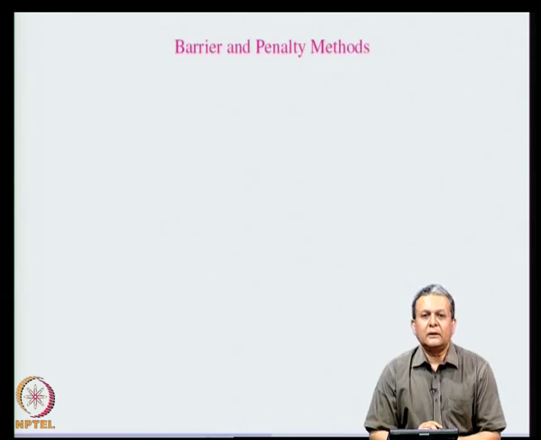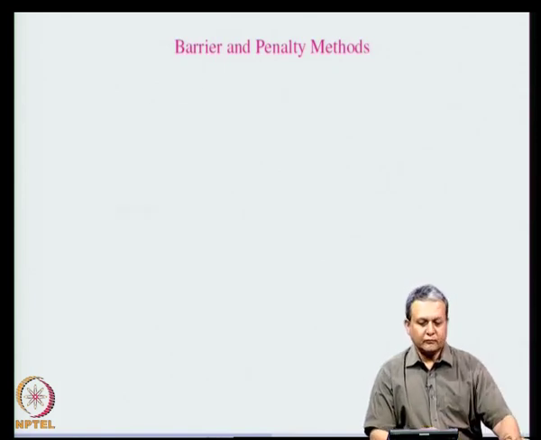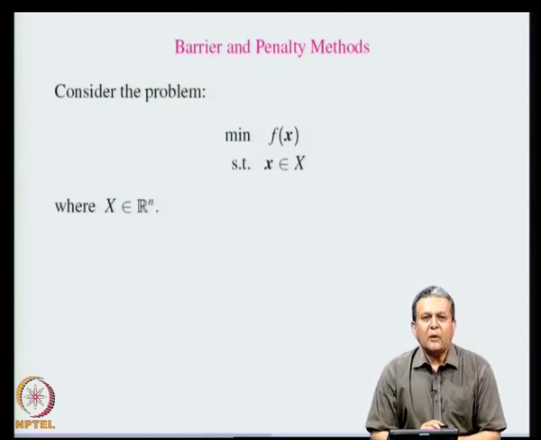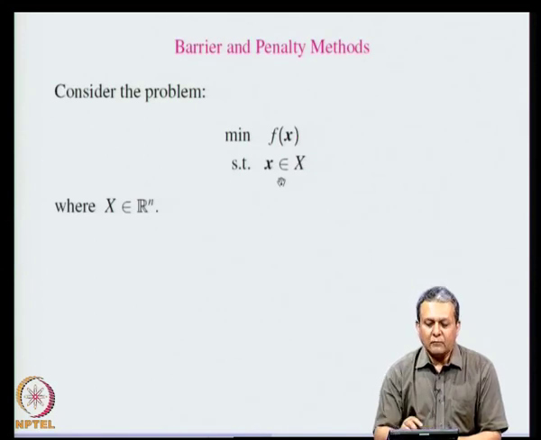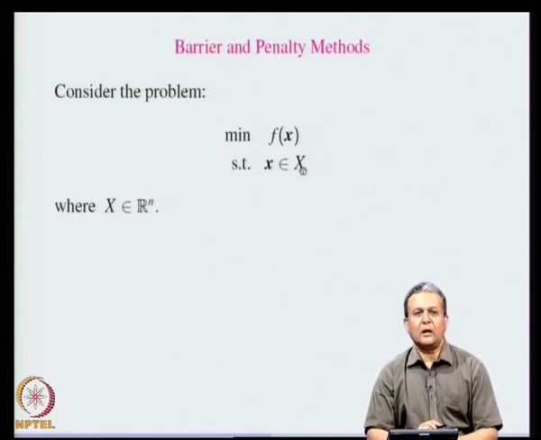These methods also find points as the iterations progress, which could be away from the feasible region, but when the algorithms converge, one will have found a point which is close to the optimal point in the feasible region. So, let us consider a problem of this type: minimize f(x) subject to the constraint that x belongs to the set X, which is a subset of R^n.